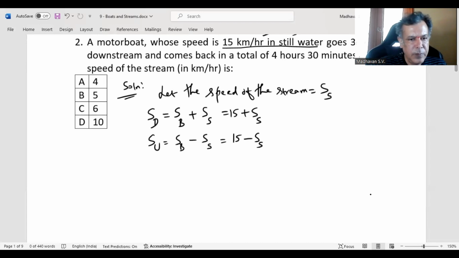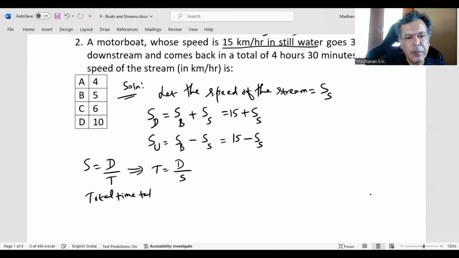Then we have speed equals distance traveled by time taken, or we can say time is distance divided by speed. So here total time taken is given as 4 hours 30 minutes, which is nothing but 4.5 hours.